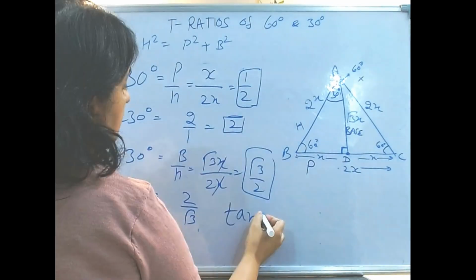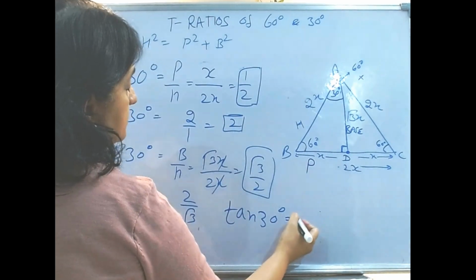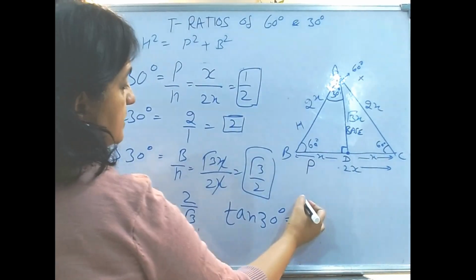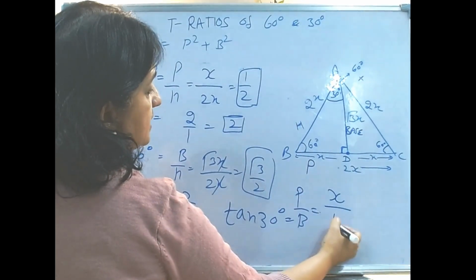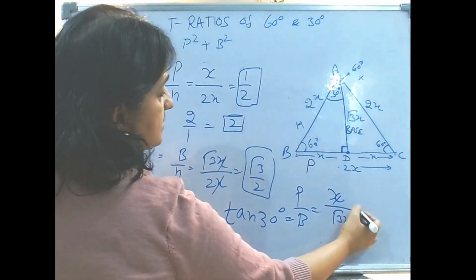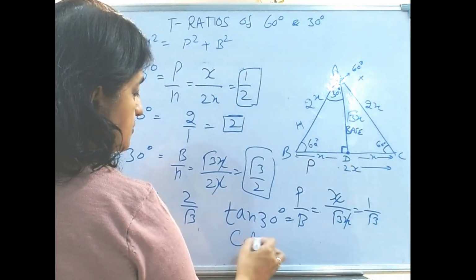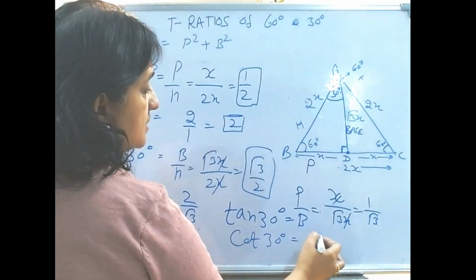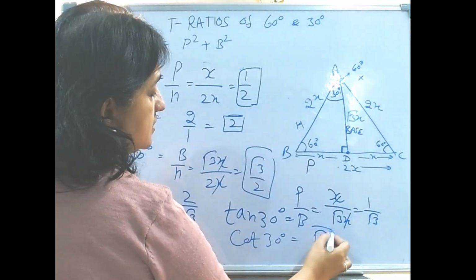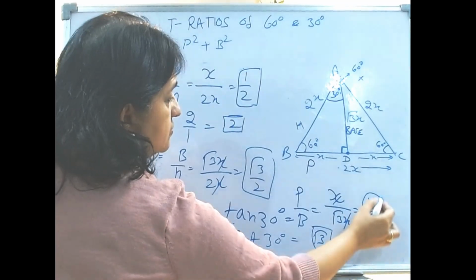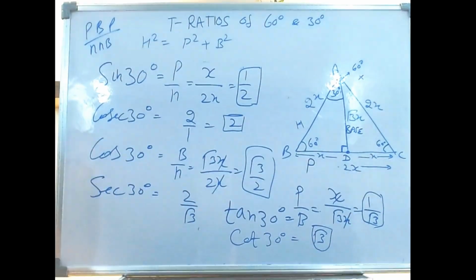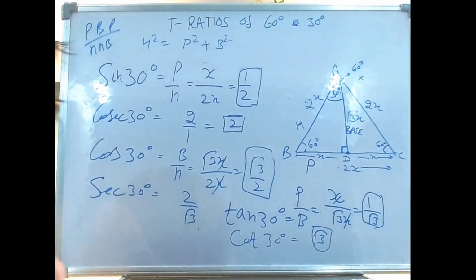Then tan 30 degrees, perpendicular by base, x by root 3x, 1 by root 3. So cot 30 degrees is root 3. So this is the geometrical proof of 30 degrees.